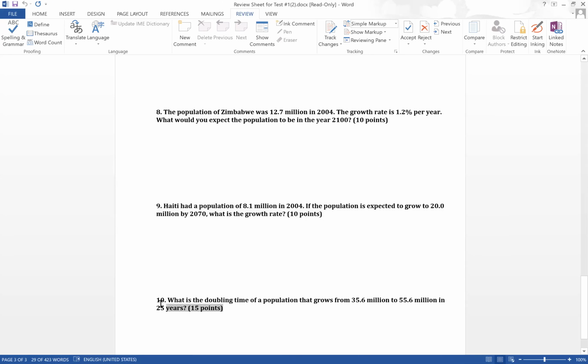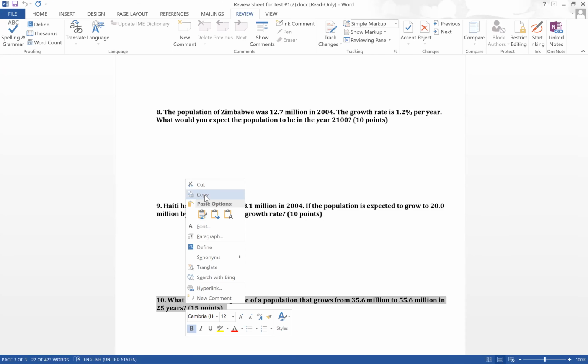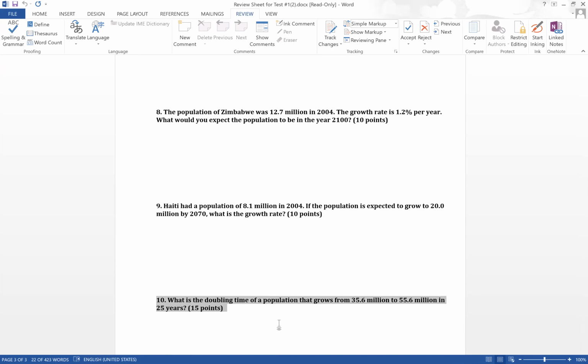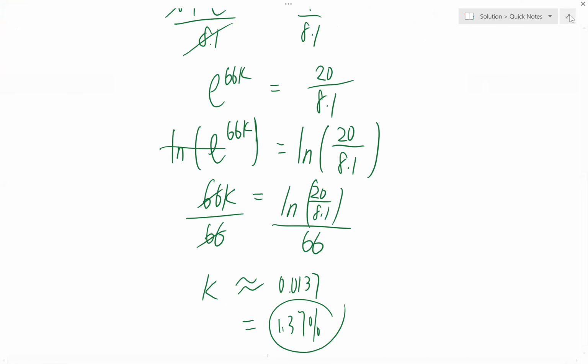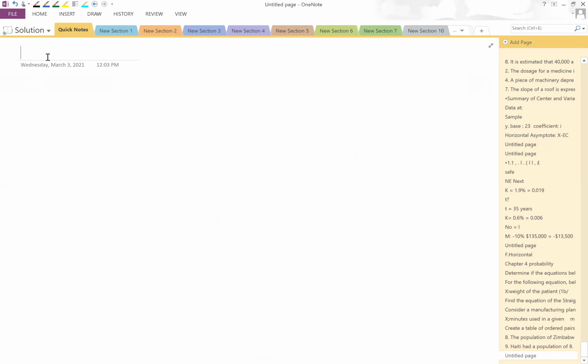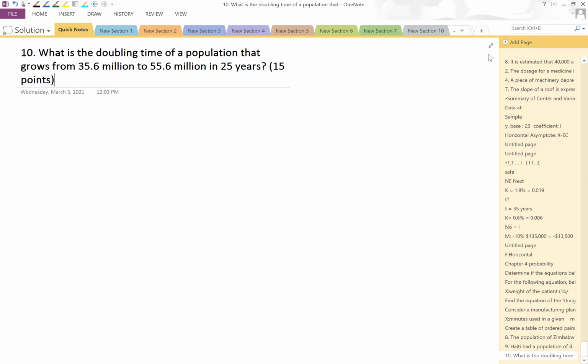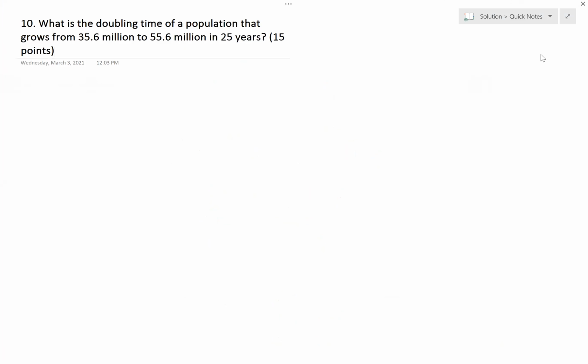And then the very last review question: what is the doubling time? A population that grows from 35.6 million to 55.6 million in 25 years. So the first thing here is, there is a 2-step procedure.